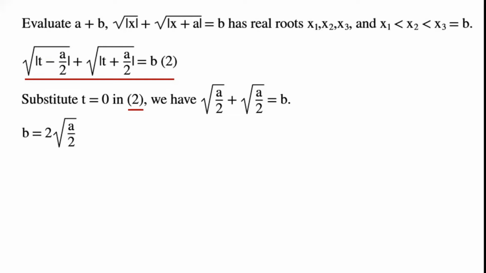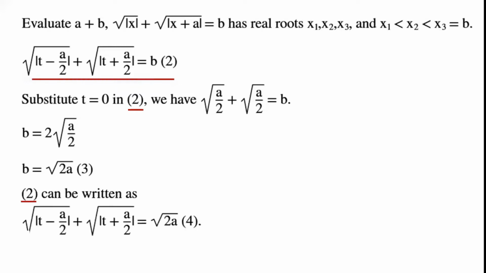So b equals root 2a. Equation 2 can be written as root of modulus of t minus a over 2 plus root of modulus of t plus a over 2 equals root 2a.